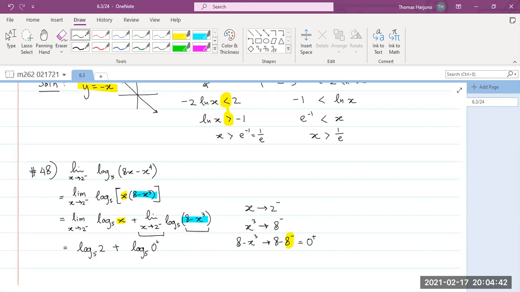Would that come from inputting the 2 into the x, and then you would get 8 minus 8 equals 0? But the thing is, log base 5 of 0 is undefined.